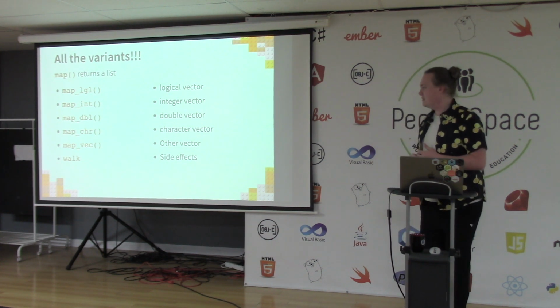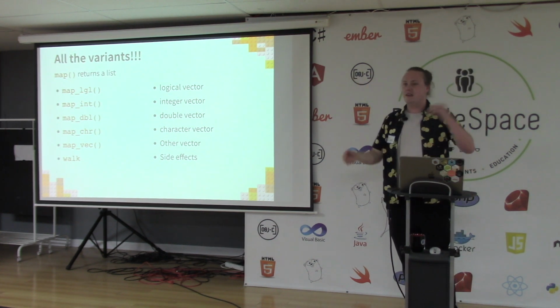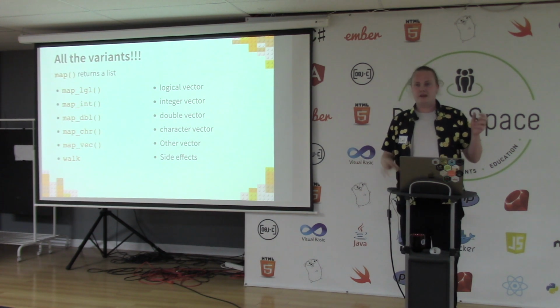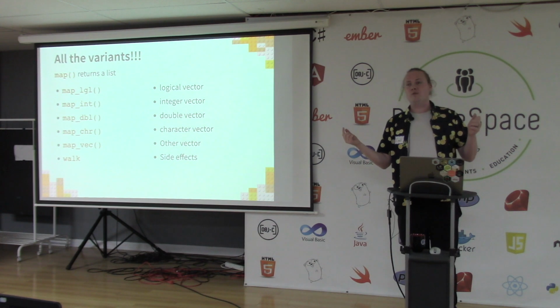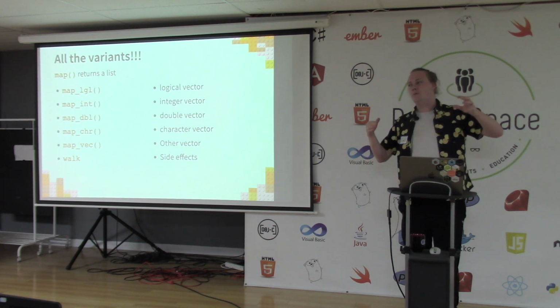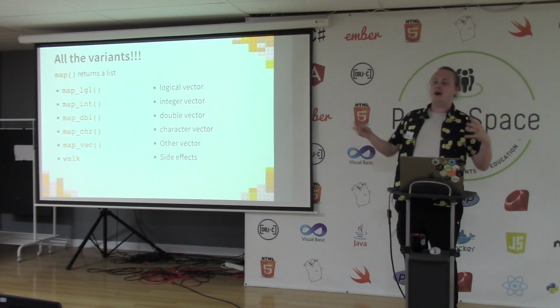And here's one of the first new things. We have logical, integer, double, which is numeric, character, and this new one, which is vector. That will do what the other ones do, but for any other common type.